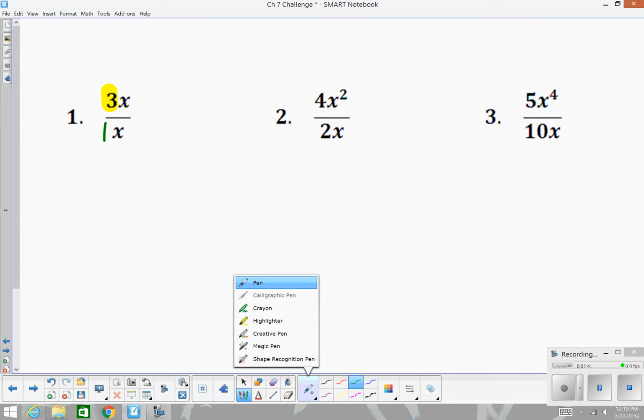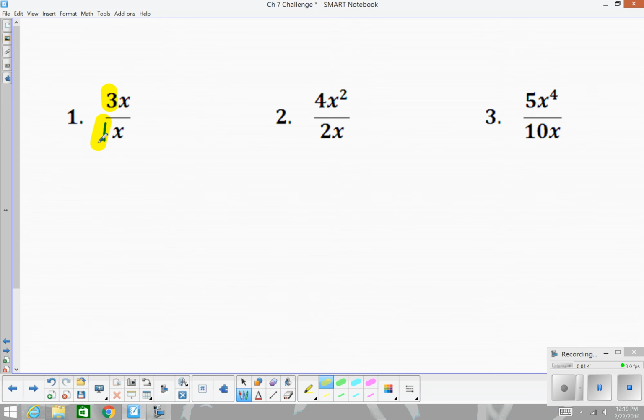Is that the same number over the same number? No. So that's just going to simplify to 3. Then I have x over x, which divides out to be 1. So essentially, I really just have 3 times 1, which is just 3. So if I have 3x over 1x, the x's cancel out, and I'm just left with 3.